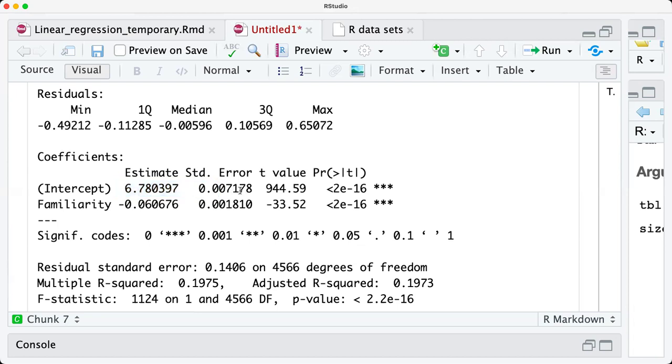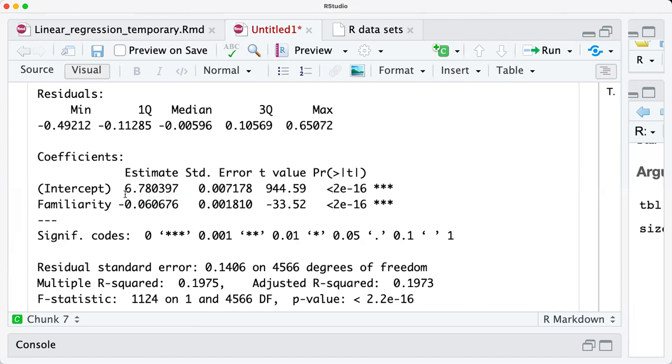Now, why is it not important to see if it is different from 0? Beta 1 actually influences the trend, the tilt of the line, while beta 0 just moves it up and down.